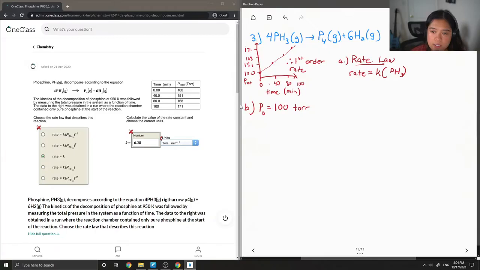And then I'm just going to take one of the values at a given time. So I'm going to look at the pressure after 40 minutes, and that is equal to 151 torr. But you can use any given X or Y values.